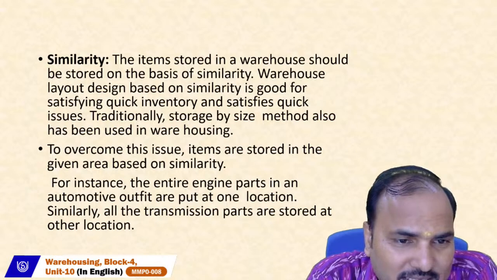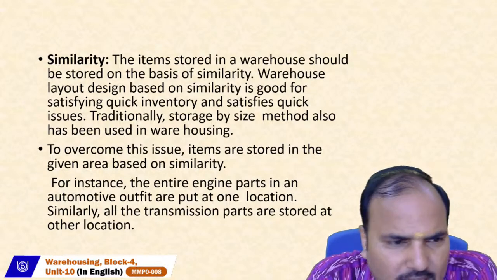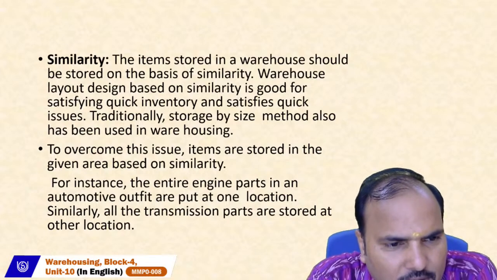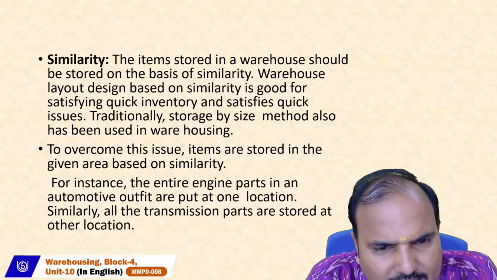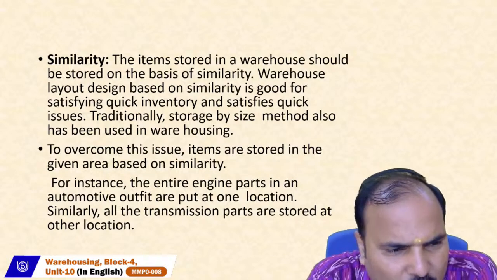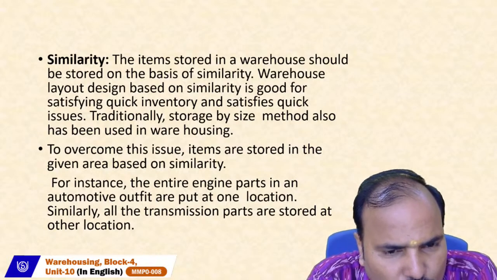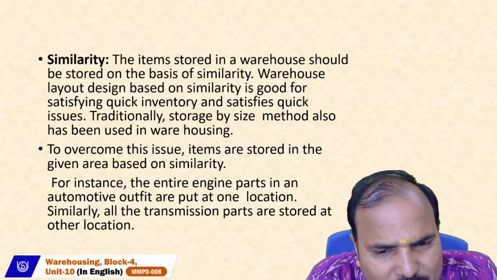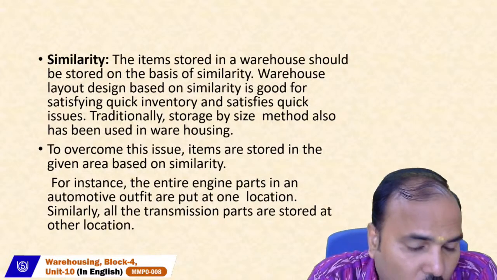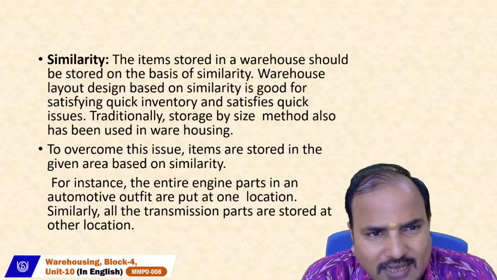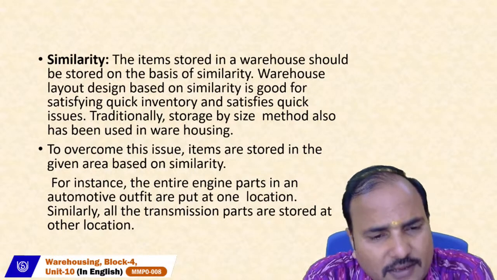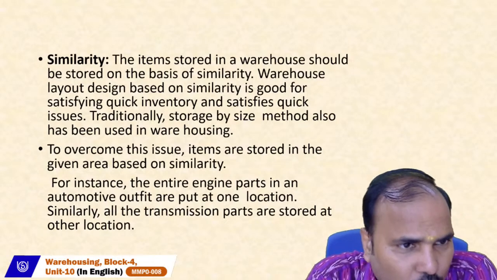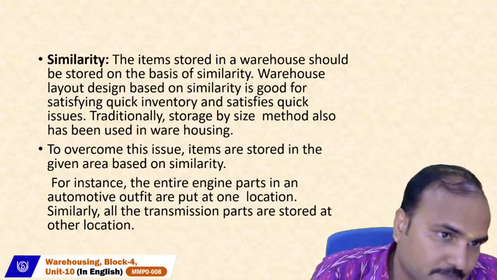To overcome this issue, items are stored in a given area based on similarity. For example, all the engine parts of an automotive outfit are put at one location. Similarly, all the transmission parts are stored at another location. So as per the similarity, it will be kept and the layout will be designed.